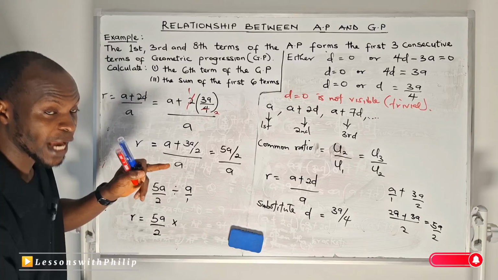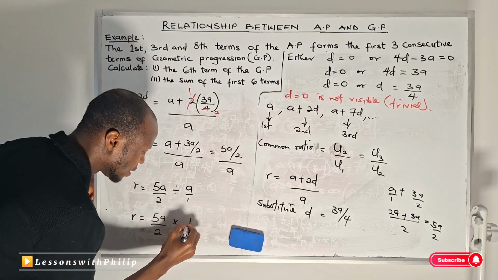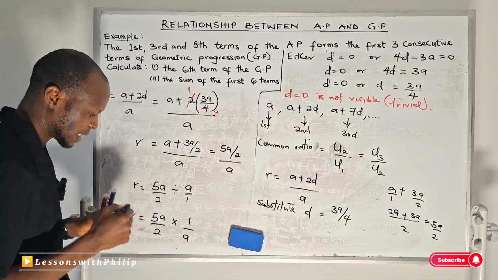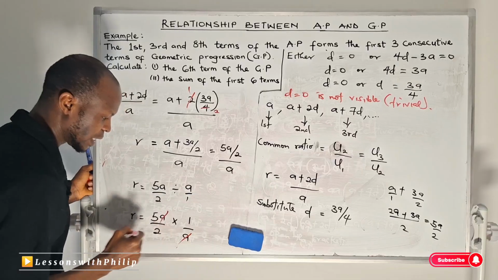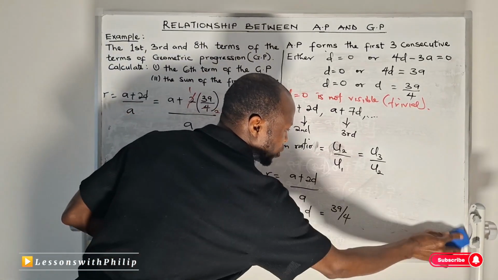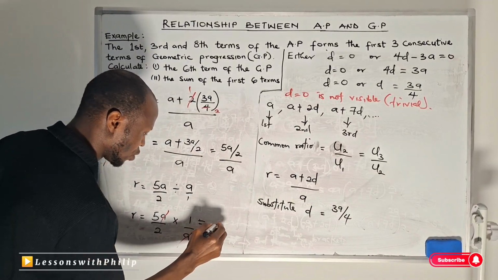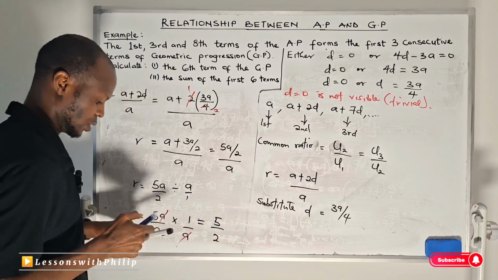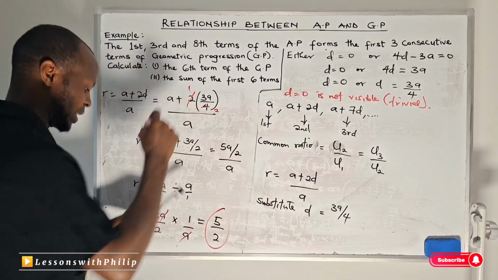Automatically, this A will cancel this A, and my r will be equal to 5 divided by 2. Take note, please. So my common ratio is equal to 5 over 2.